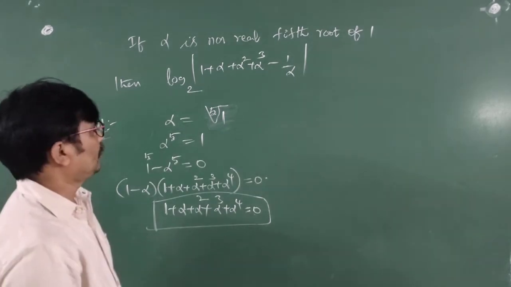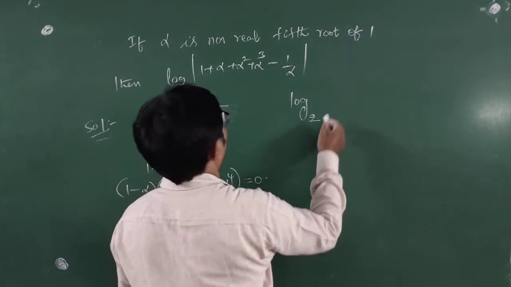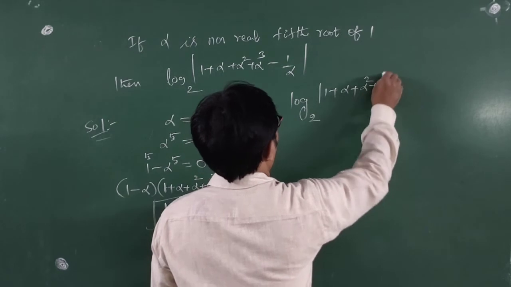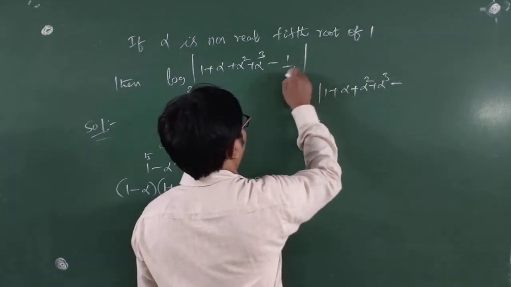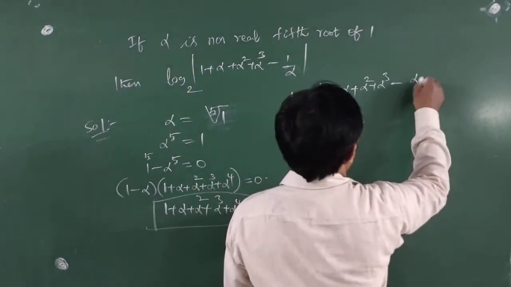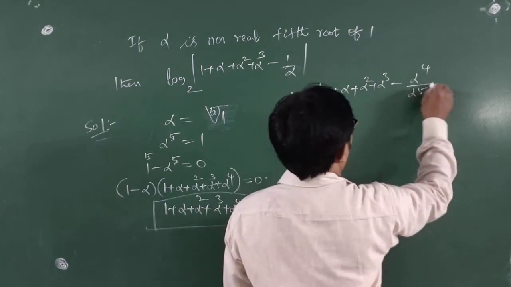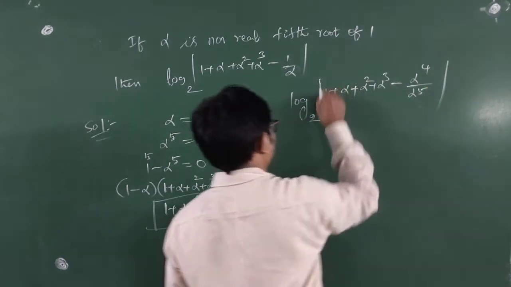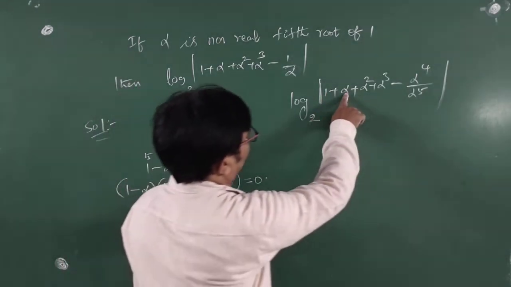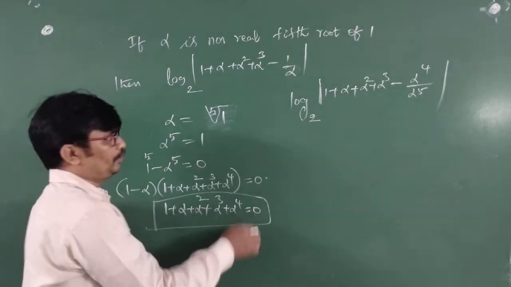So students, how can you find this one? The logarithm of 2 into the modulus of 1 plus alpha square plus alpha cube. The numerator and the denominator we have to multiply with alpha power 4. So this is alpha power 4, and this is alpha power 5 in modulus. So 1 plus alpha square plus alpha cube is the minus of alpha power 4.